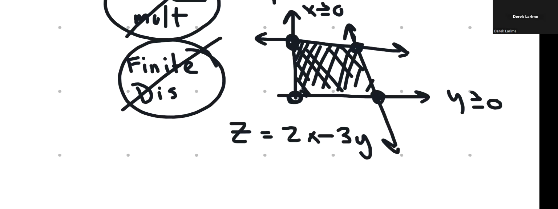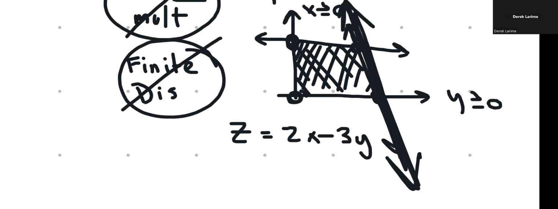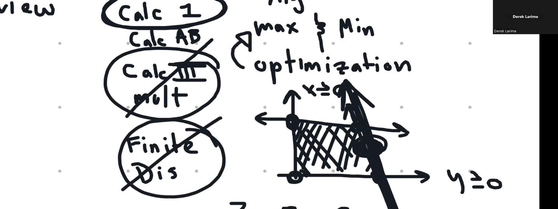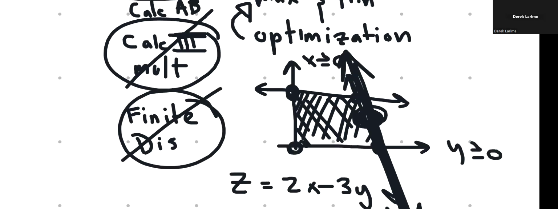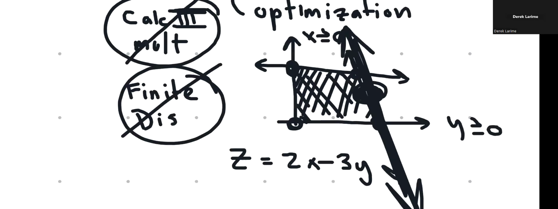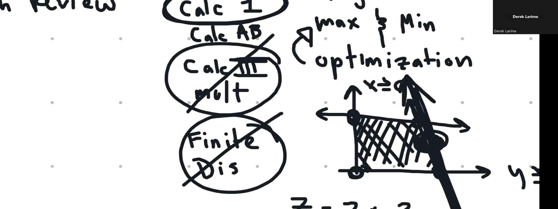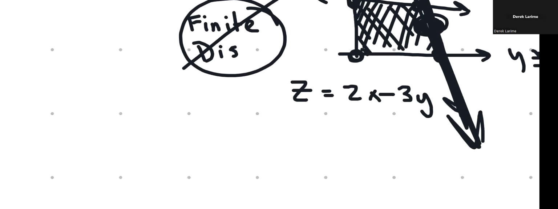It's going to be on what we call a constraint. If I trace this line here, we have a constraint, and usually the maximum is somewhere on that. So multivariable optimization, max and min, will come up quite a bit in this course, so we need that. And lastly, we have to know how to take partial derivatives.